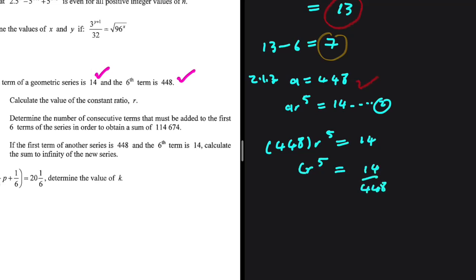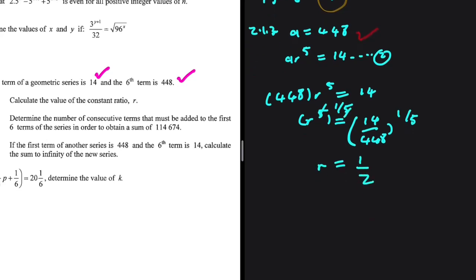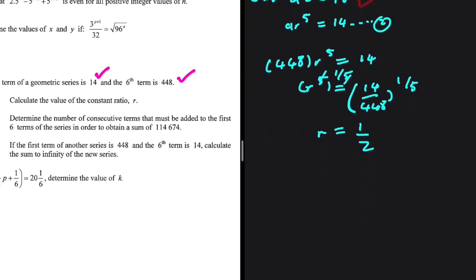So we can just take everything to the power 1 divided by 5. So 5 and 5 cancels out. We have R being equals to 1 divided by 2. So there we go. We have our common ratio. It is 1 divided by 2.